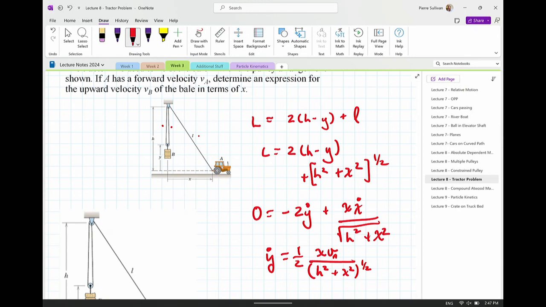Okay. And the nice thing about this is, in the coordinate system I have, x is positive to the right, y is positive upwards, and so increasing v sub A is increasing v sub y.